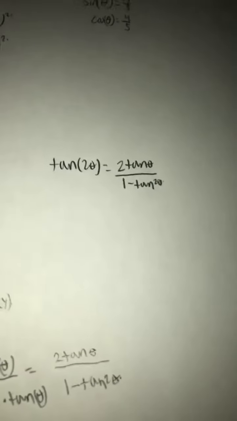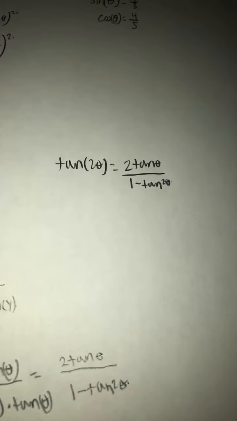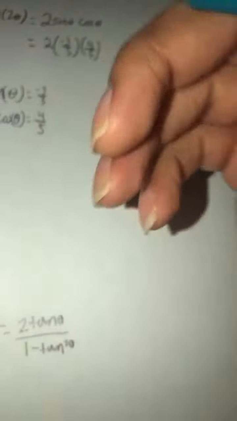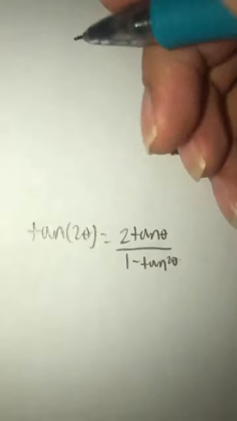So then you ask, well, if we already have tan theta, we can just plug it in to find tan of 2 theta, whatever tan theta is, which is negative 3/4.